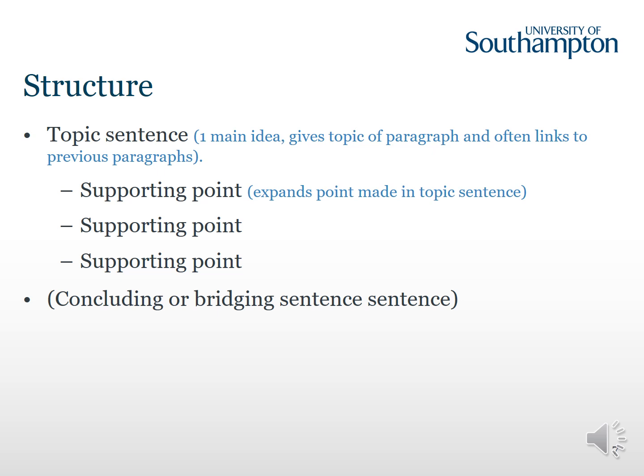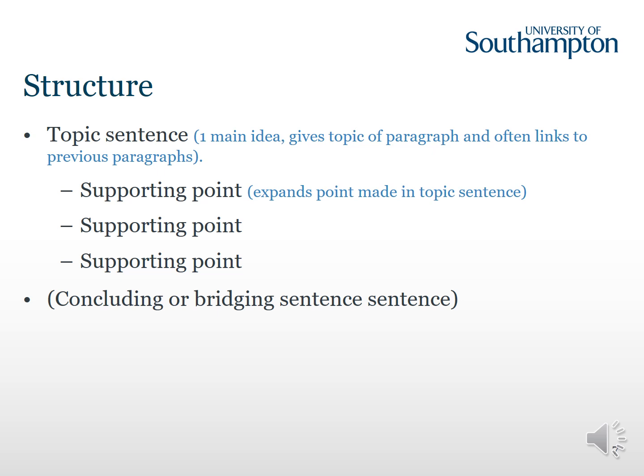So now let's turn to look at the structure of a paragraph. The typical structure of a paragraph in an academic essay or report here would start with a topic sentence. This gives the main idea or the topic of the paragraph, and is then developed by supporting points.